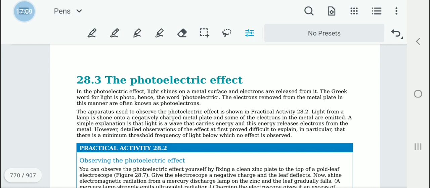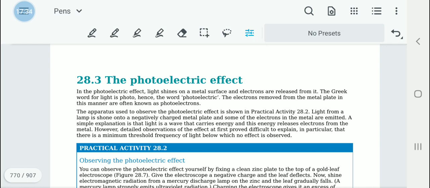When light shines on a metal surface, electrons are released from it, and this phenomenon is known as the photoelectric effect. The electrons that are removed from the metal are known as photoelectrons.